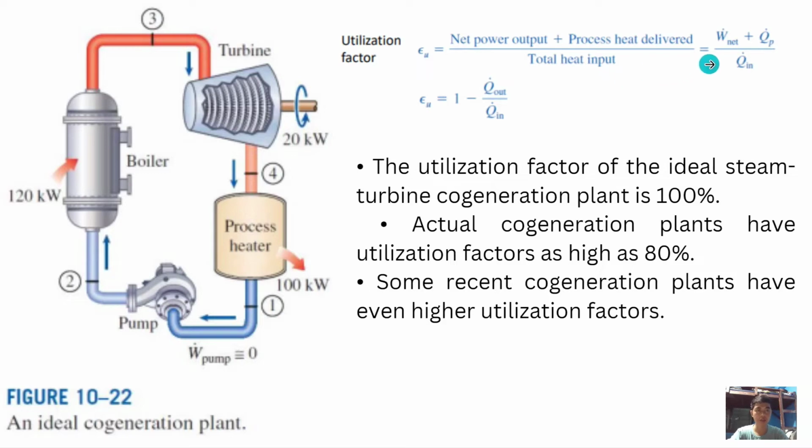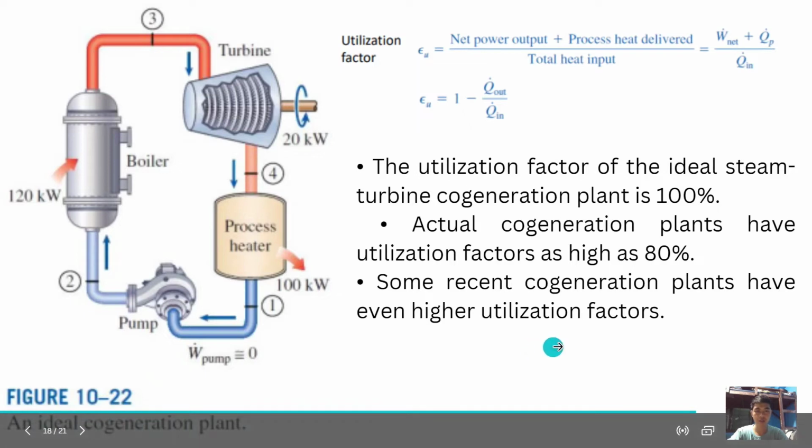So, equal siya sa work net plus heat sub P over Q in. So the utilization factor of the ideal steam turbine cogeneration plant is 100%. So actual cogeneration plants have utilization factors as high as 80%. No? Some recent cogeneration plants have even higher utilization factors.